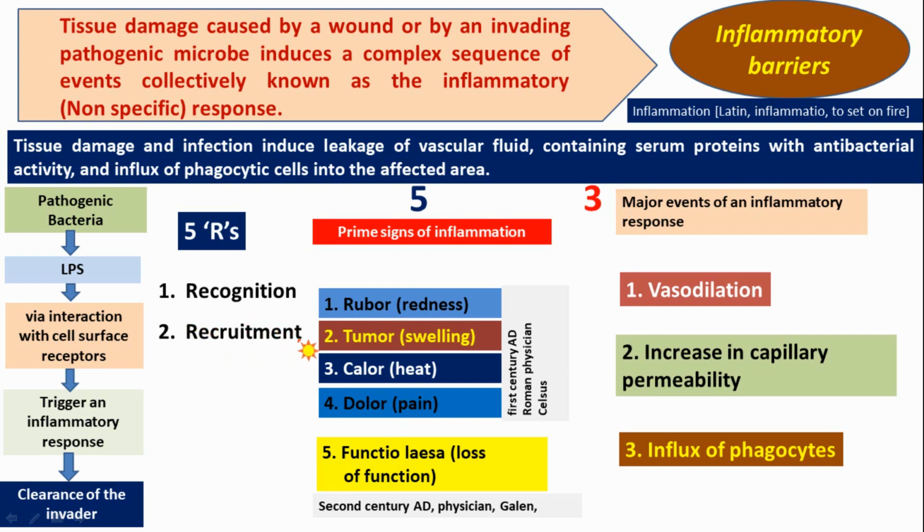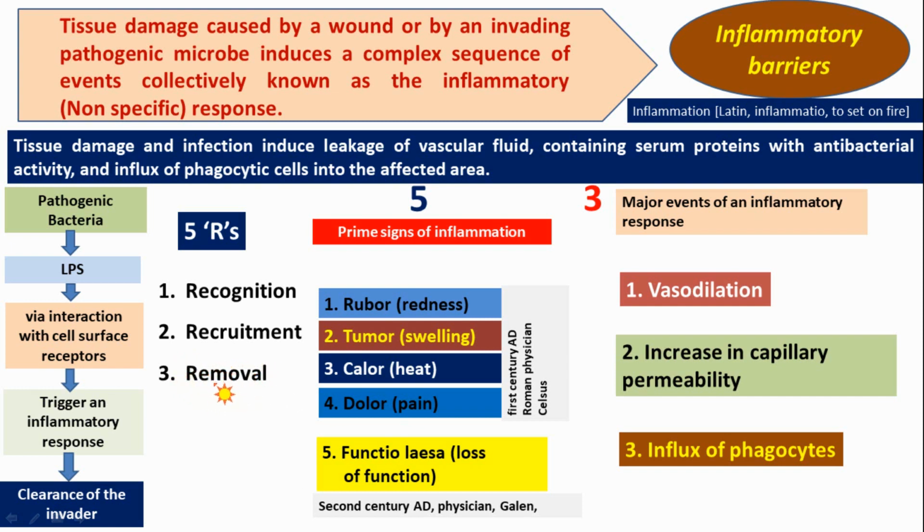Recruitment of what? Recruitment of phagocytic cells, or of antibacterial proteins, at the site of tissue damage. The third one is removal: removal of the pathogenic invaders, or bacterial cells, from the site of tissue damage or infection.